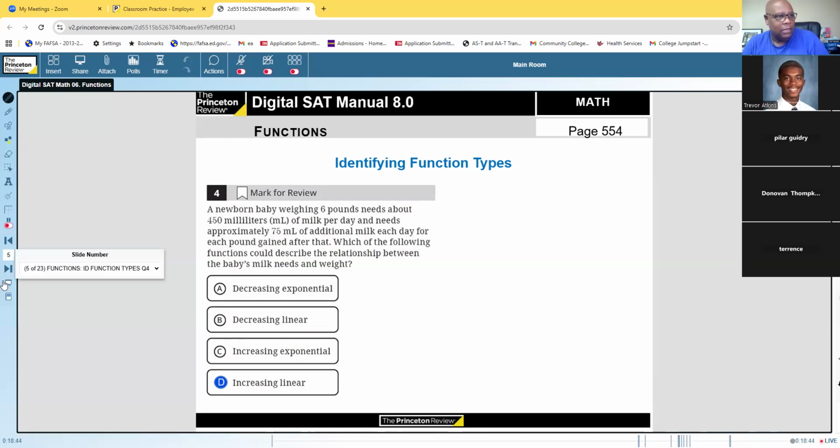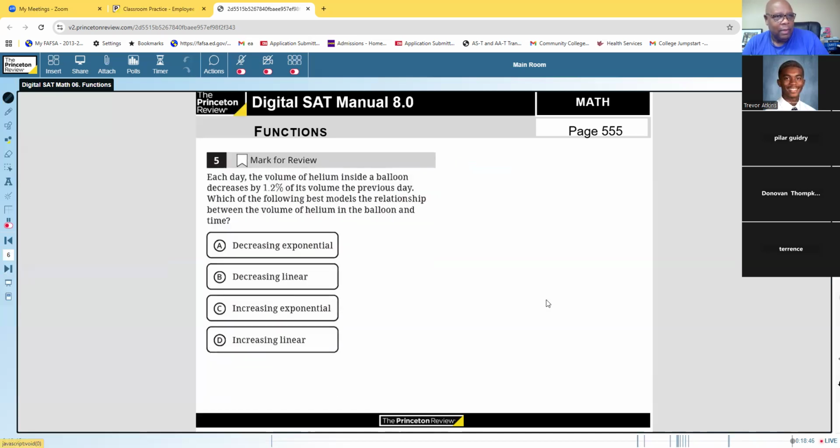All right. So now let's look at number 5. Read number 5 again. Each day, the volume of helium inside a balloon decreases by 1.2% of its volume. Stop. Does it decrease by the same amount every day? No. It decreases by the same percentage every day.